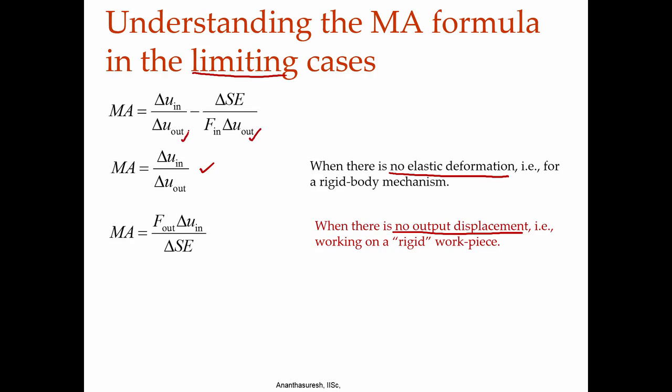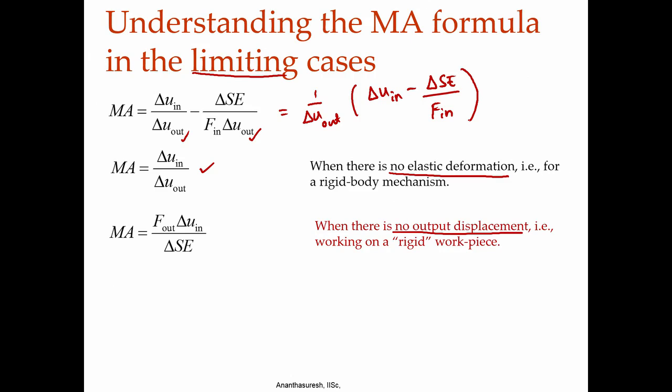So, does it mean that this formula is not applicable? It turns out that in that particular case, in the numerator, if I take delta U out, then what I get will be delta U in minus delta S E by F in.